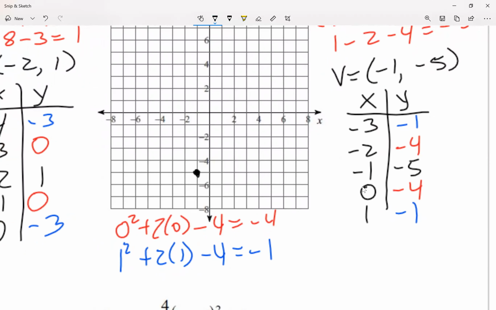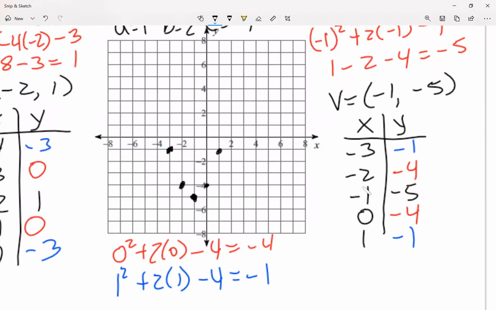All right, so I have the points. It's -3, -1, that's right here. -2, -4. The vertex, and then 0, -4. And then 1, -1. Okay. Remember I said I expected this graph to go up.